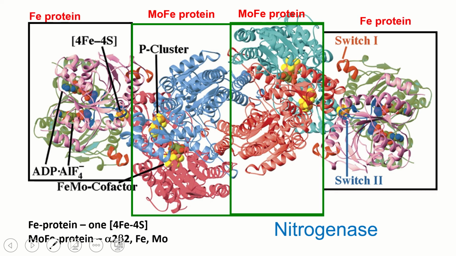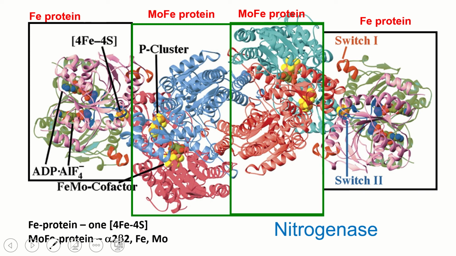On the outside of these are docked the iron protein, and again, this is the site of ATP binding and hydrolysis. There is an iron sulfur cluster within this iron protein that shuttles electrons one at a time to the P cluster and then on to the iron molybdenum cofactor.